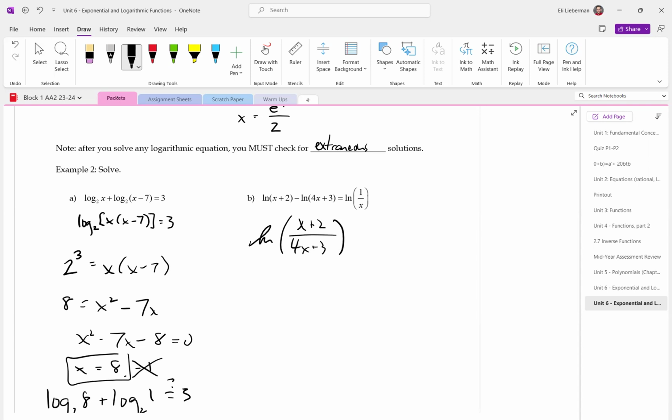Now, it's not that we could divide them, but we could tell by observation, since you have an ln on the left and ln on the right, that they're equivalent, so their arguments are equivalent. Don't try to make this an exponential equation. Don't do e to the something here, although that will work too. x plus 2 over 4x plus 3 equals 1 over x. I'll give you a minute to finish that.